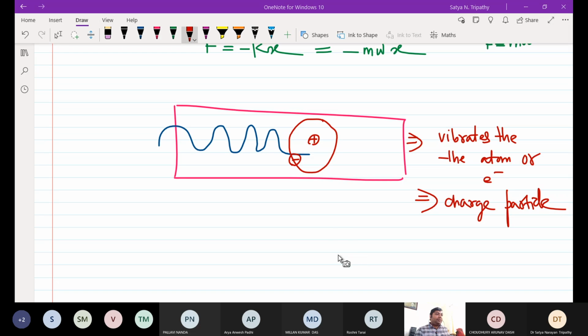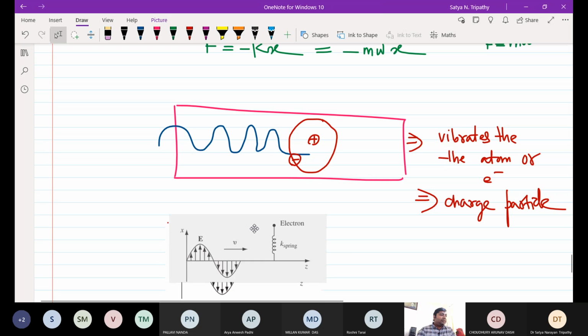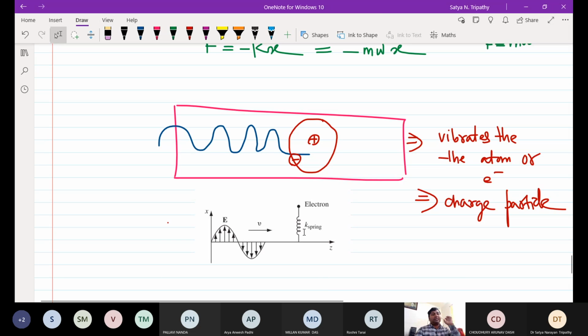So now I am going to write down the basic formalism. This is one of the equations we must understand. So this is actually the electron. The electron is in a system attached to some central force. So it is actually some spring mass system, because it is like a dipole. When an electric field is there, the electron vibrates.